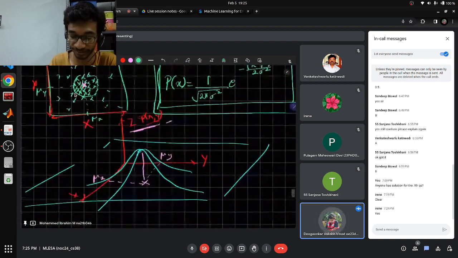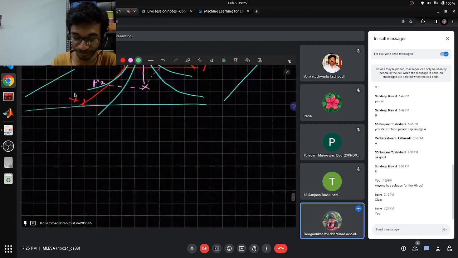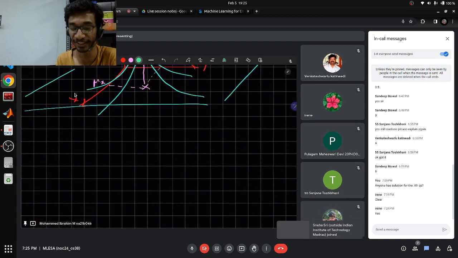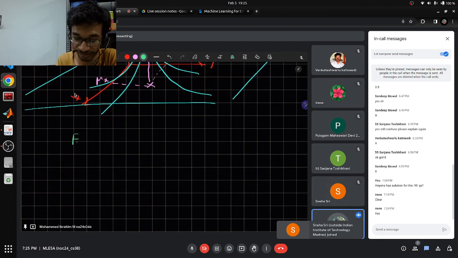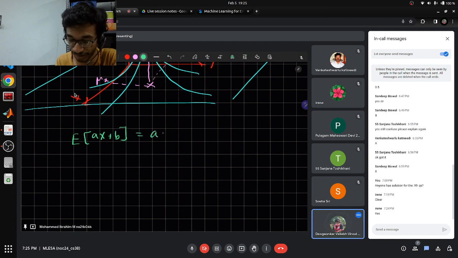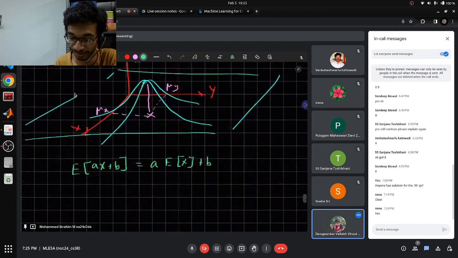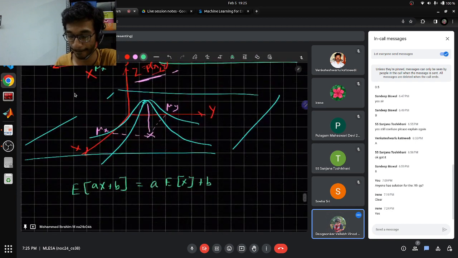So for the mean or expected value, there are some rules for calculating expectations quickly. One of those is that the expectation of ax plus b is equal to a times the expectation of x plus b.